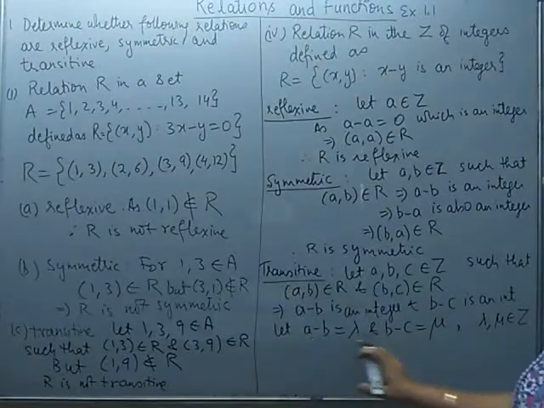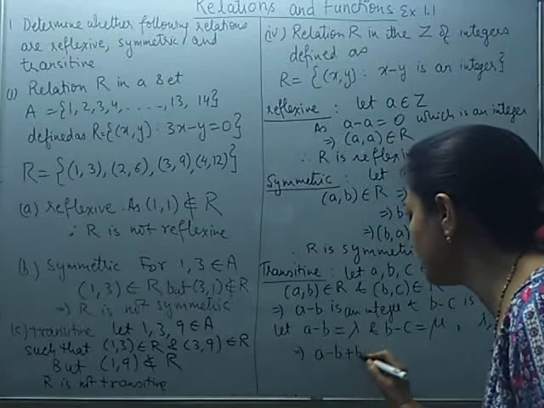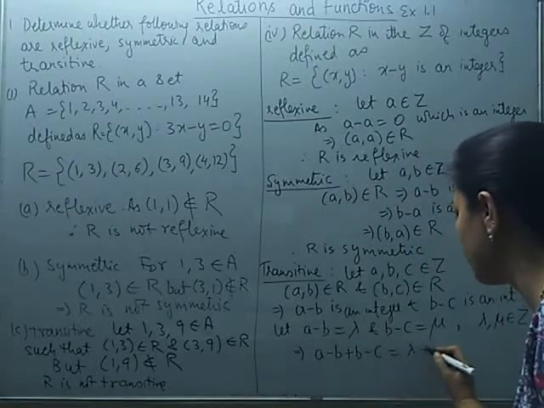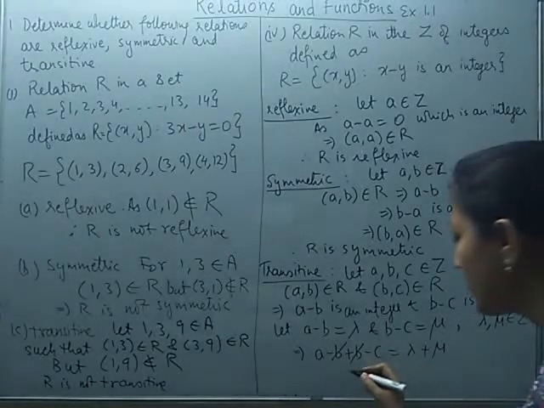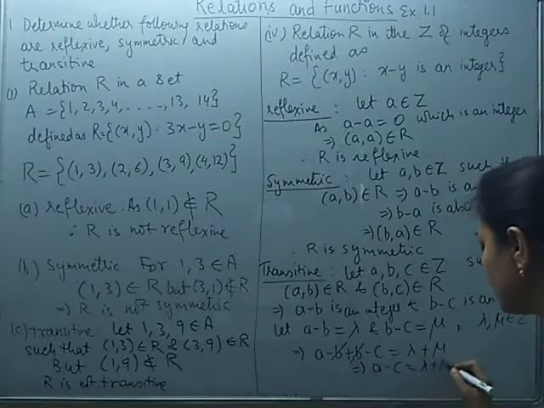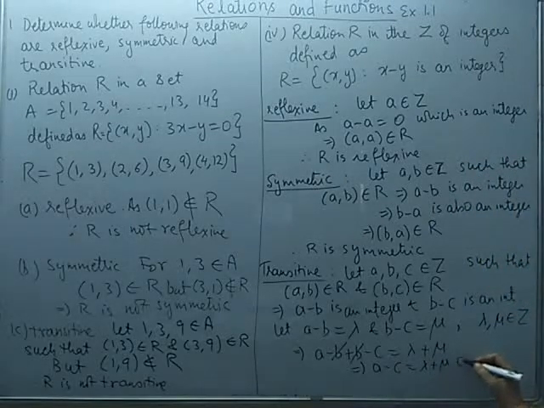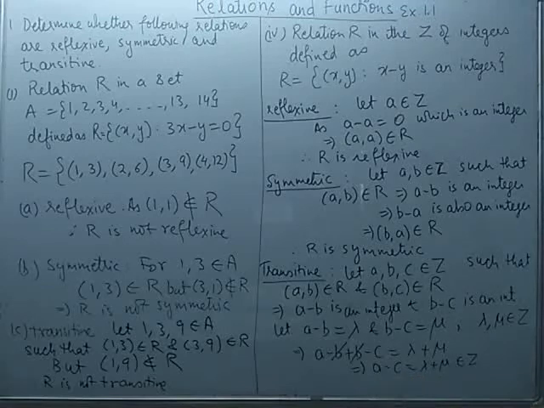Now, if I add these two, then A minus B plus B minus C will be lambda plus mu. Here B and B get cancelled out and what do we get? A minus C is lambda plus mu, which is an integer, because when we add two integers, the result is an integer. So A minus C is also an integer.